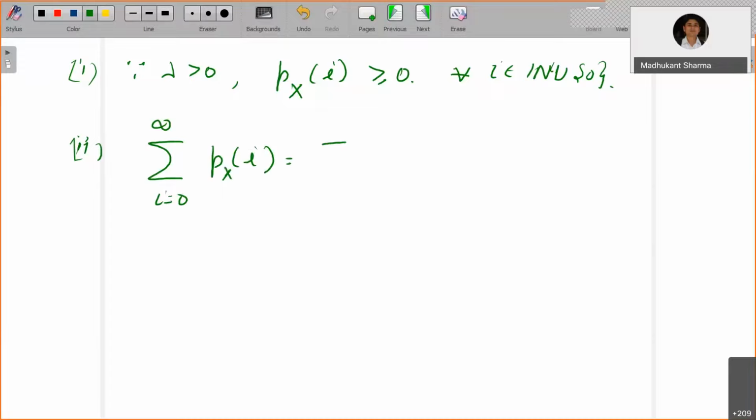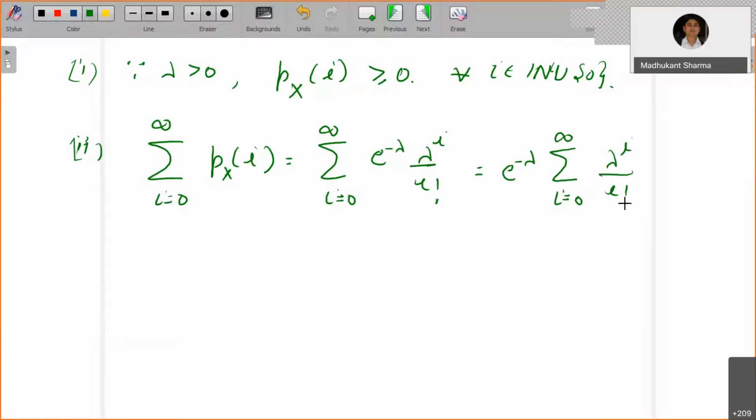It's a one-liner. Summation i equals 0 to infinity of e to the power minus lambda times lambda to the power i by i factorial. Now e to the power minus lambda is independent of i, so that comes out. What remains is the summation i equals 0 to infinity of lambda to the power i by i factorial.